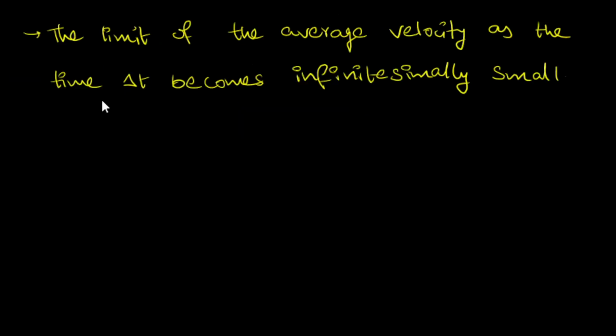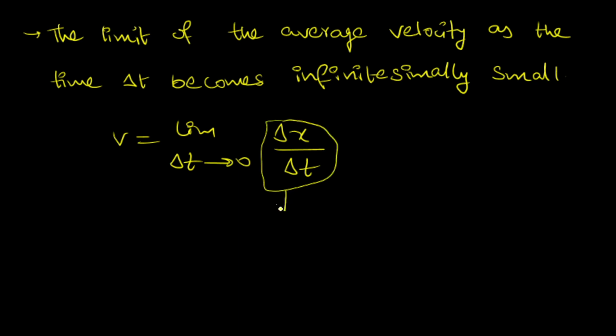It is given as v equals limit of delta t tends to 0, delta x by delta t. Delta x by delta t is nothing but the average velocity.